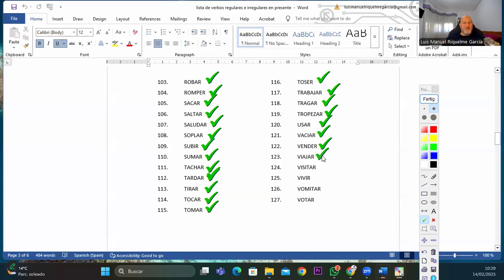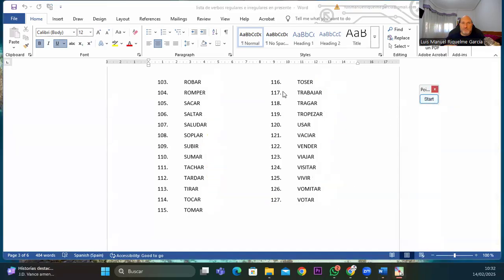Viajar, to travel. Visitar, to visit. Vivir, to live. Vomitar, to throw up or to vomit. And finally, votar, to vote, like the elections, the voting.